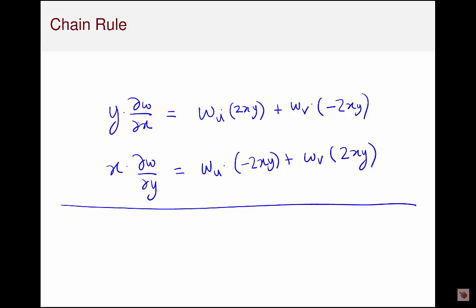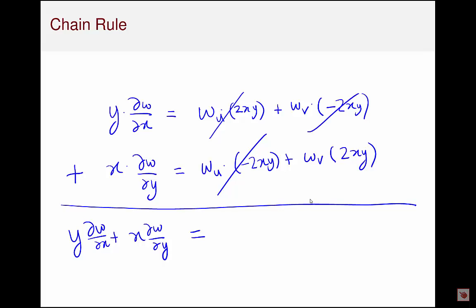Finally, we are going to add them up. On the left hand side, we'll have the sum y dw/dx plus x dw/dy. Now look at what happened to the right hand side. All the terms cancel out. So this one will cancel out with this one, and this one will cancel out with this one. So we have 0. Hence we have shown the equation.